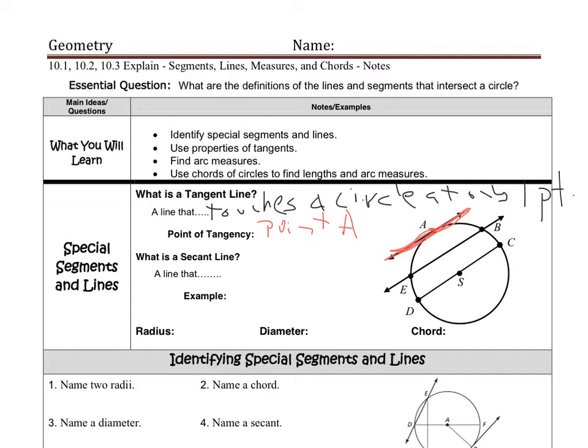Okay, the next type of line that we talked about with circles was a secant line. Remember what a secant line does. A secant line is a line. Remember what a line is. A line has at least 2 points on it, and it continues to go in each direction without end. So it's a line that touches a circle, and I'm just going to use this symbol for circle, at 2 points.